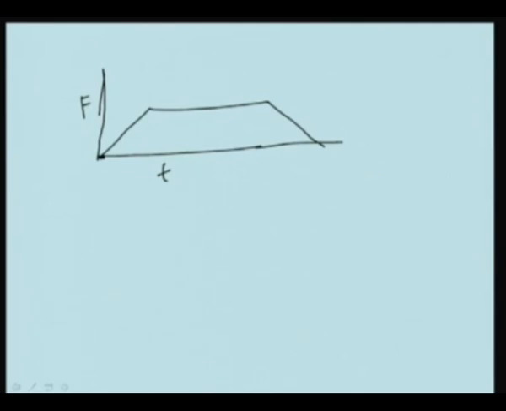In that case, you can apply the impulse momentum principle. Change in momentum will be equal to the total impulse, which is nothing but this area, and you can thus find the final velocity of the particle without much effort.